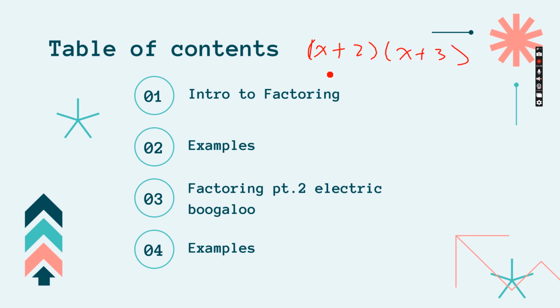If we solve this by multiplying polynomials, we know that we're using the distributive property twice. We would get an answer that looks like x squared plus 5x plus 6.